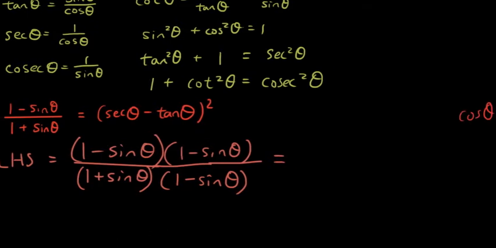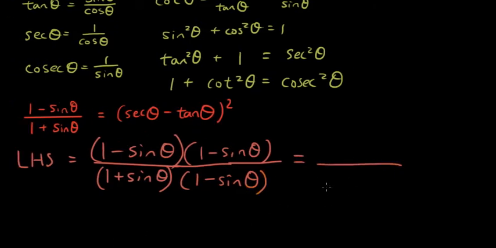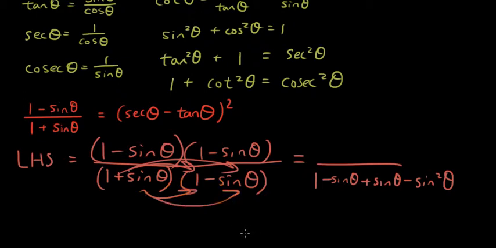Okay, so what happens? Well, the denominator turns into, if I expand this, 1 minus sine theta plus sine theta minus sine square theta, right? Using binomial expansion, I'm sure you would already know what to do with that.